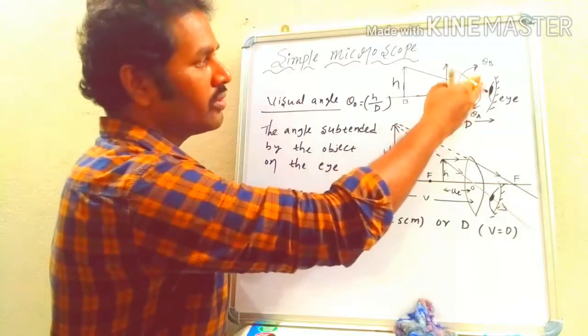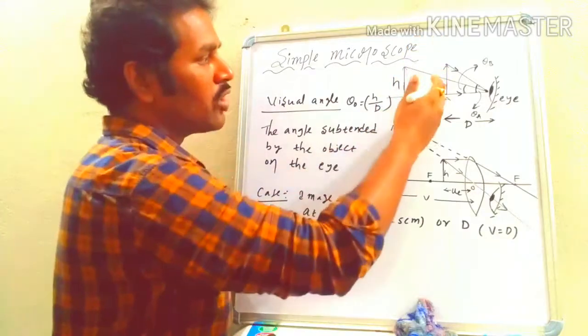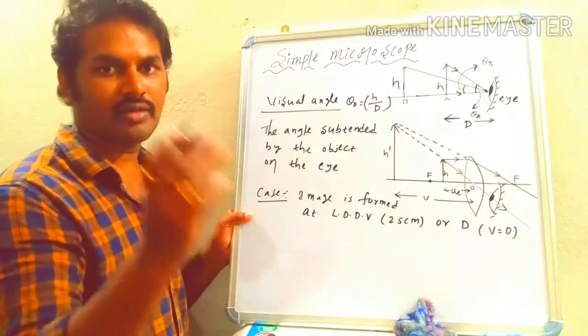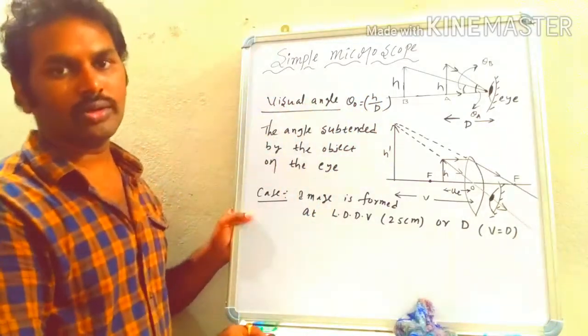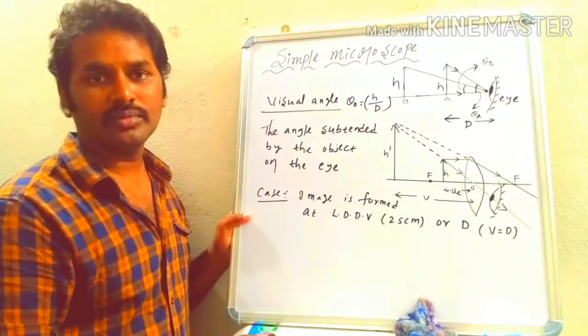Tan theta is equal to the opposite side divided by the adjacent side. The opposite side is h, the adjacent side is D, where D is the least distance of distant vision. So h by D is equal to theta naught, which is named the visual angle.